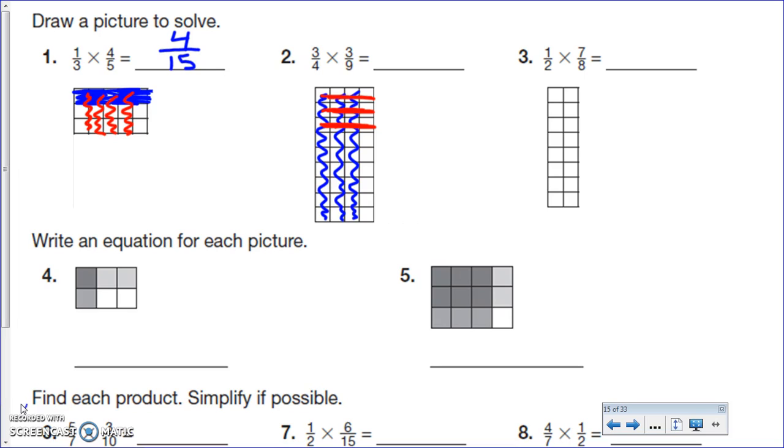Now we look, and there are 36 squares total, so that's our denominator. And there are 9 squares that are double shaded, so that's our numerator. And then we can divide both of them by 3 to simplify.